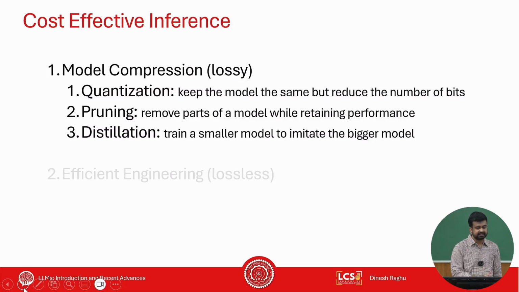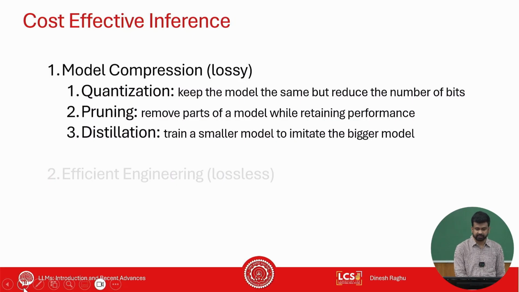Now, out of these techniques, distillation is the least lossy, but it's the most expensive, because you have to train the whole thing. First of all, you have to do inference over the teacher network and get the outputs. That itself is expensive on a really large data set. And then you have to use those outputs and backprop on the new model, which is much smaller than the original architecture, to achieve model compression.